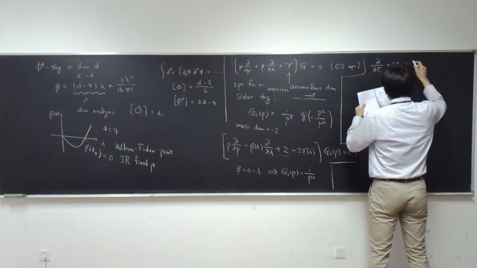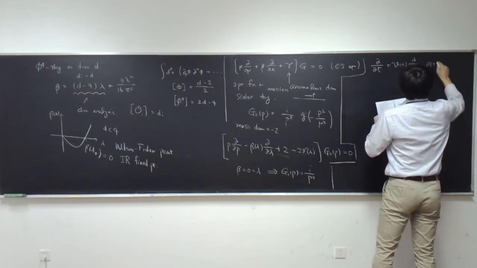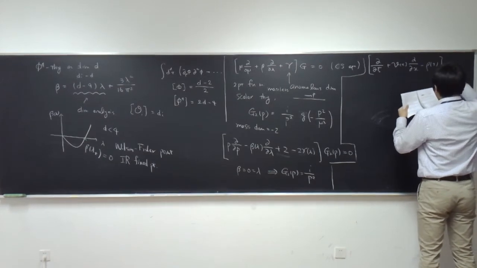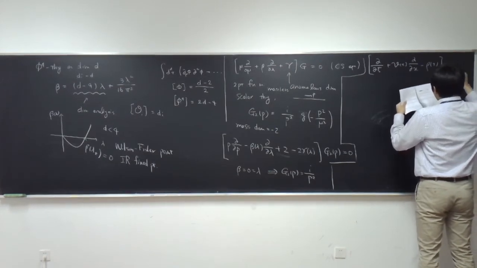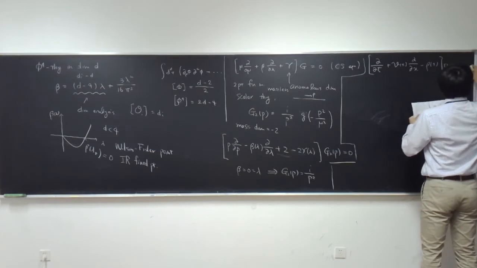This was famously studied, and the equation is called dx/dt equals 0.